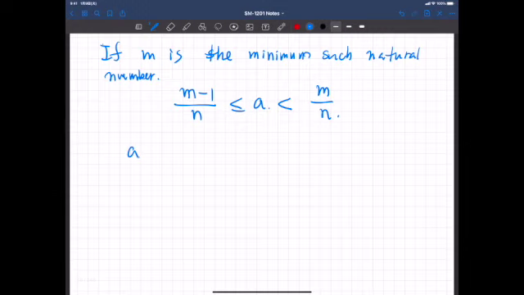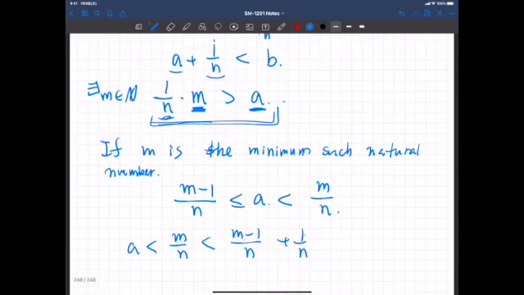So this a is less than m over n, which is m minus 1 over n plus 1 over n. Now we just split m into m minus 1 and 1.